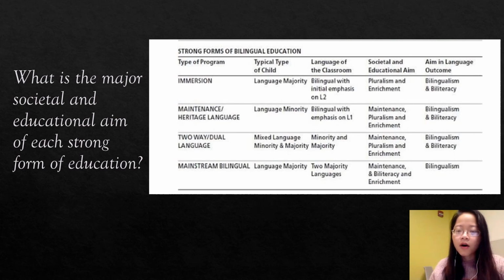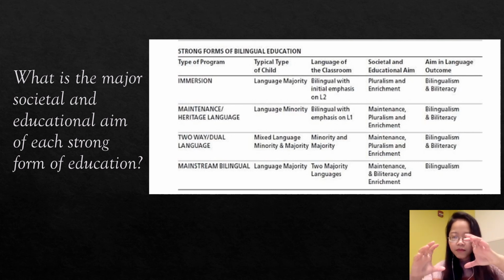So when it comes to the strong form of bilingual education, it means the amount of time for content-based teaching using two languages is divided, and they are just different from each other based on the proportion.